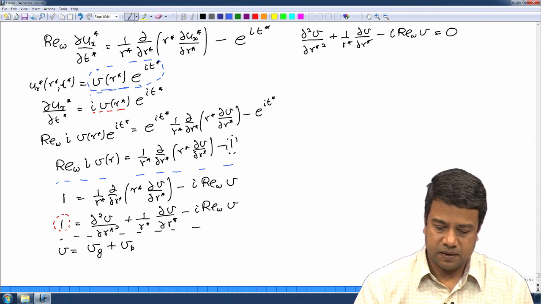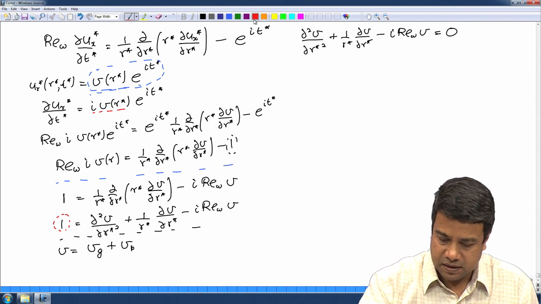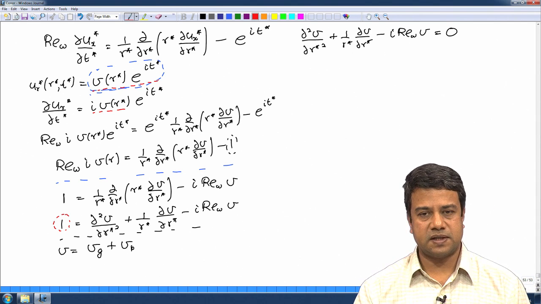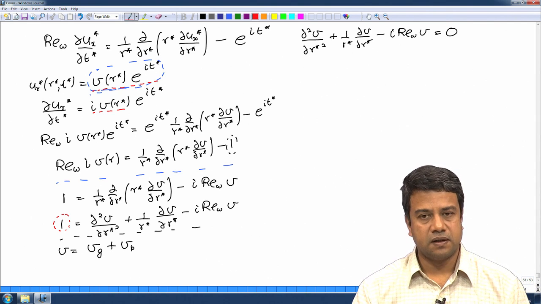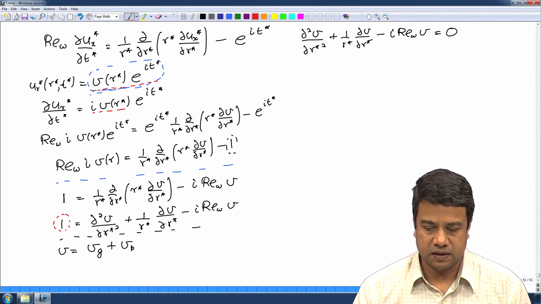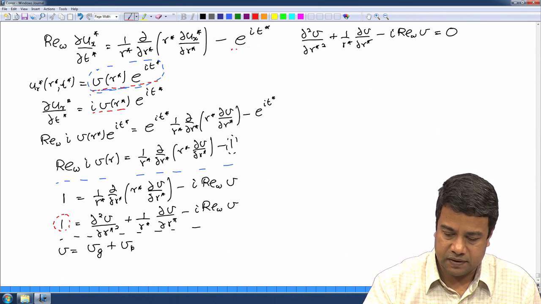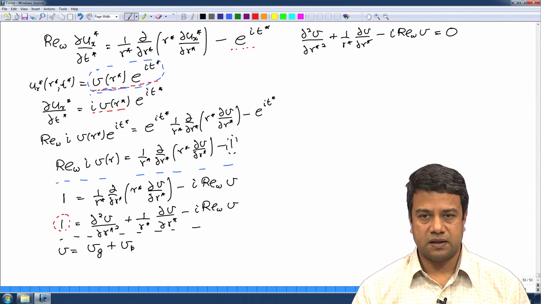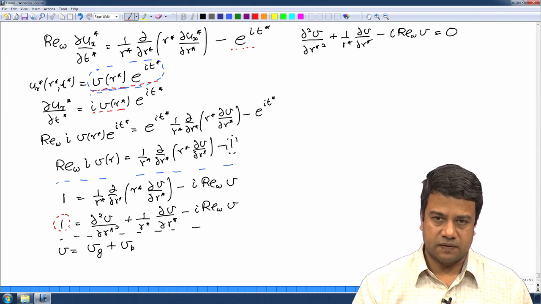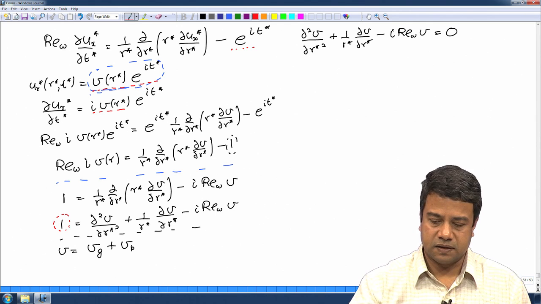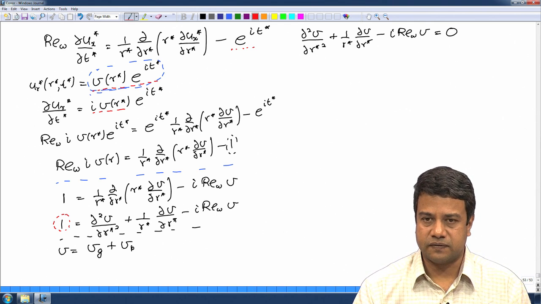Based upon that, we had postulated that the velocity is equal to some function v times e power I t. Recall that in this particular case, we are solving for the complex velocity, because we have a complex forcing function. The actual physical velocity is just going to be the real part of this complex velocity, because the physical forcing is the real part of this complex forcing function.